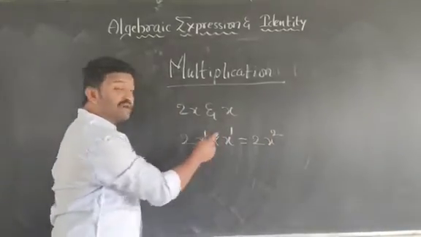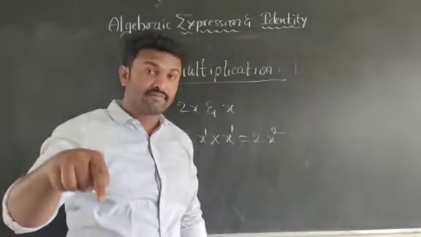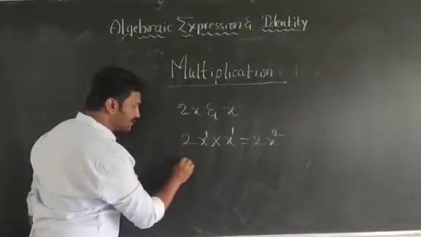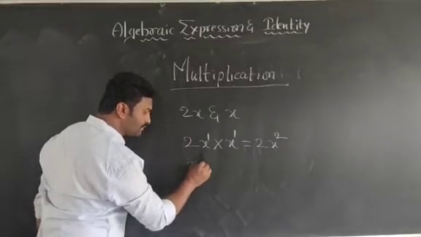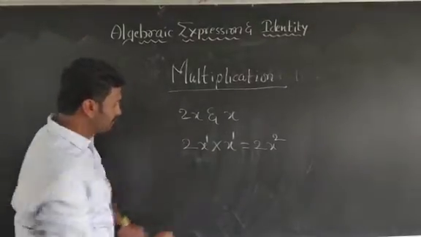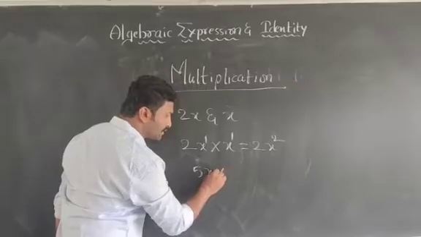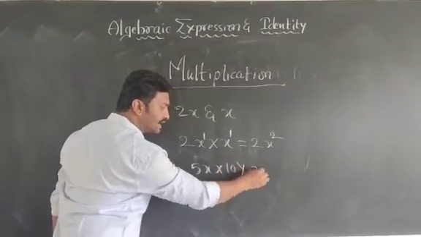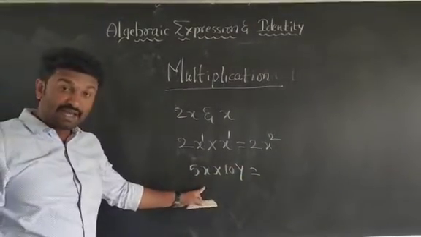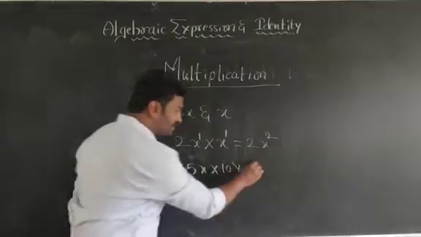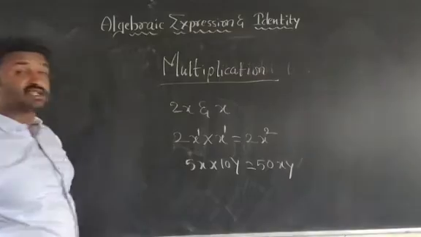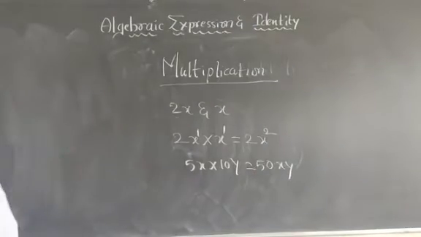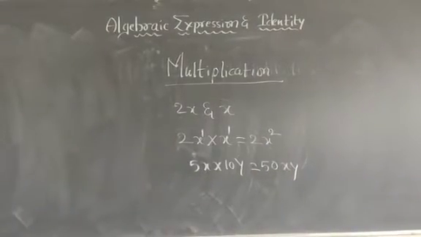So you have to add the powers while multiplying. And the next one: 2 into 5x plus 10y. First you multiply the numericals. 5 into 10 is 50. x into y is xy. This is the way to multiply binomial and binomial.